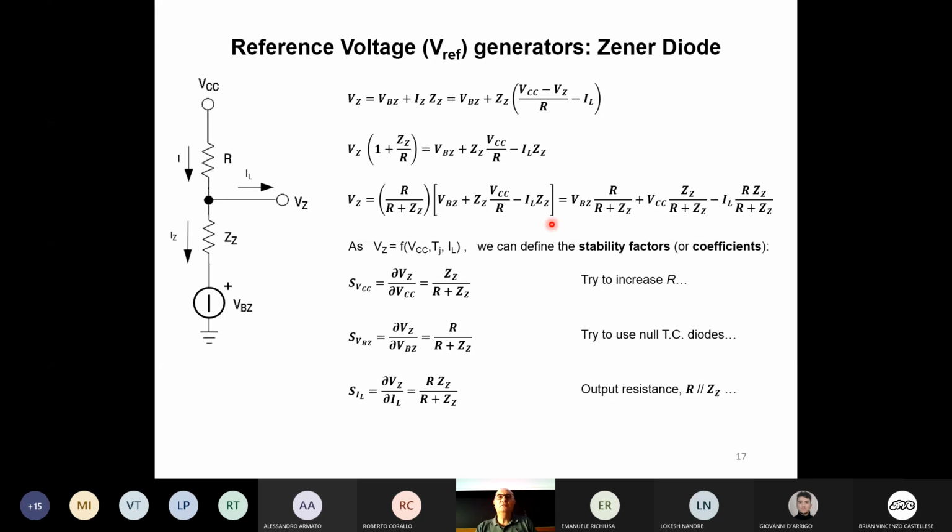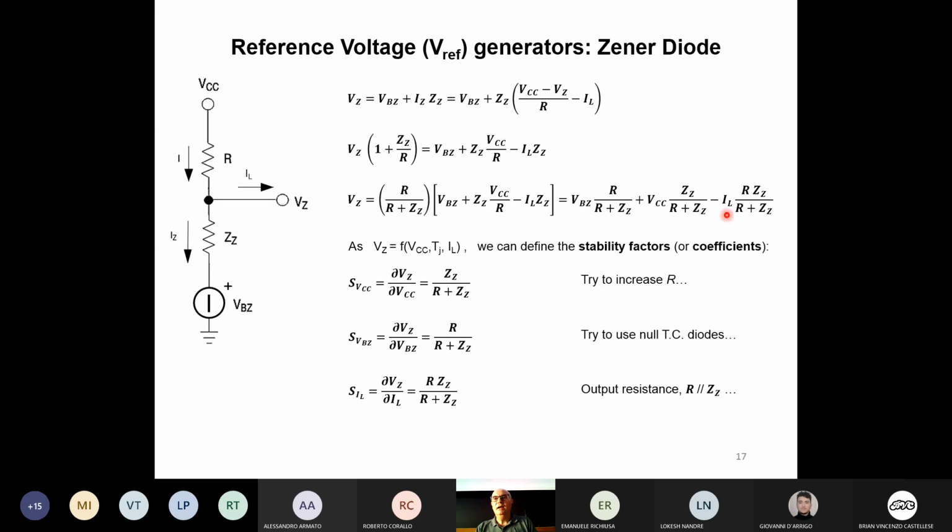Last step is just to do the multiplication. So we get VBZ times R over R plus ZZ, this times this. Then we have ZZ that multiplies this part here. So what is left is ZZ over R plus ZZ.